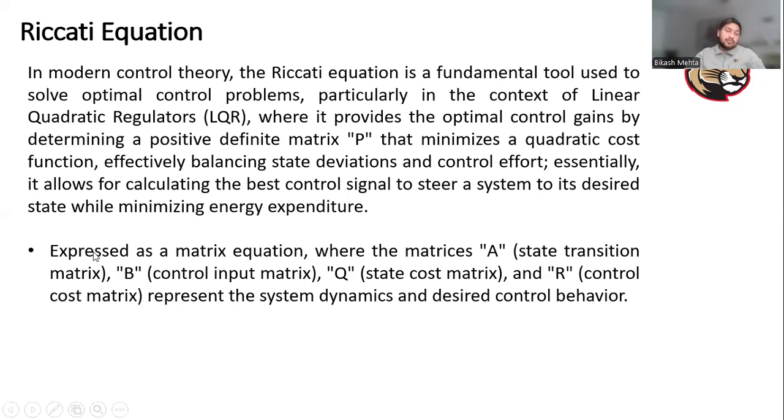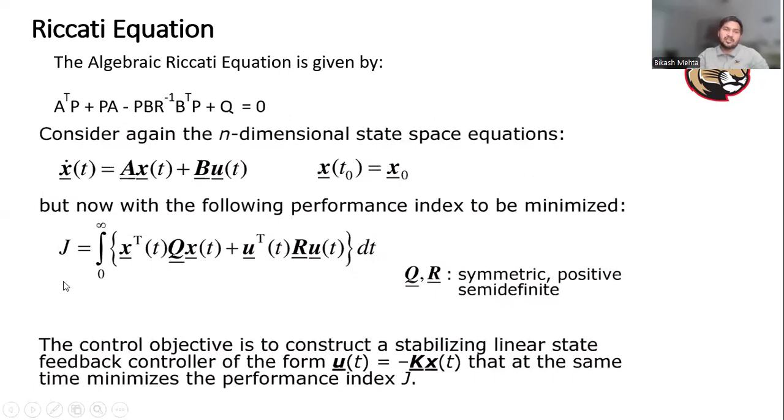So here, what is the Riccati equation, and what are the parameters in that equation? It consists of the A matrix, that is the state transition matrix, B is the control input matrix, Q is the state cost matrix, and R is the control cost matrix. Here is the Riccati equation.